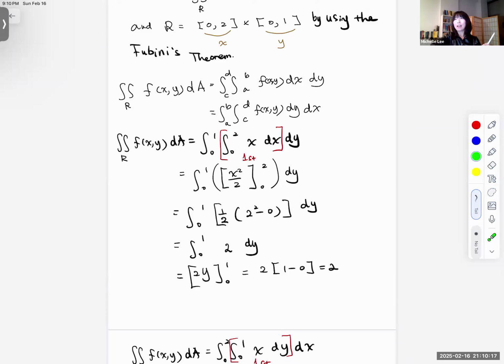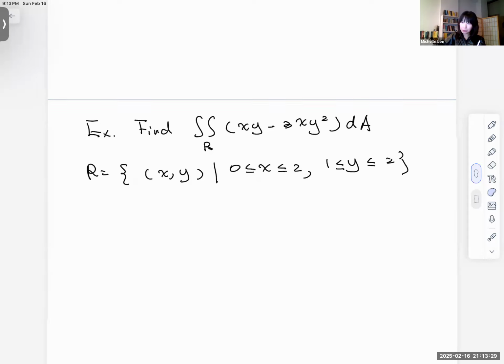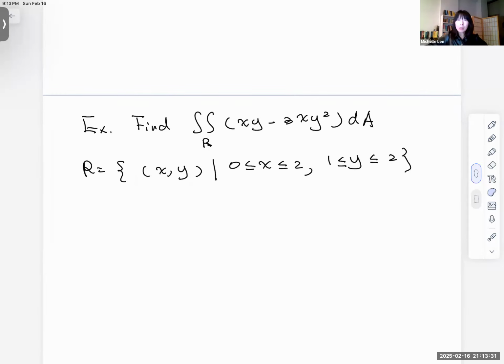Okay. Now let's do another example. Okay, so we have this problem. Let's take a look. So we want to find the double integral of xy minus 3xy squared dA.